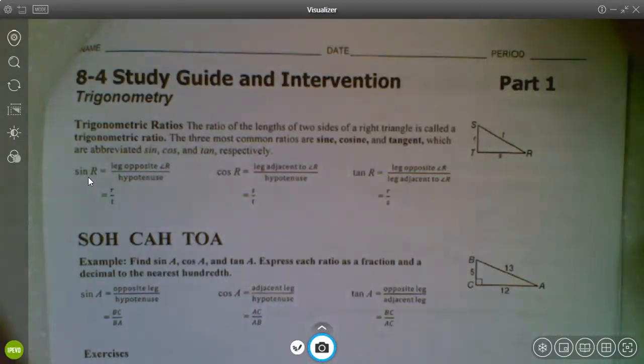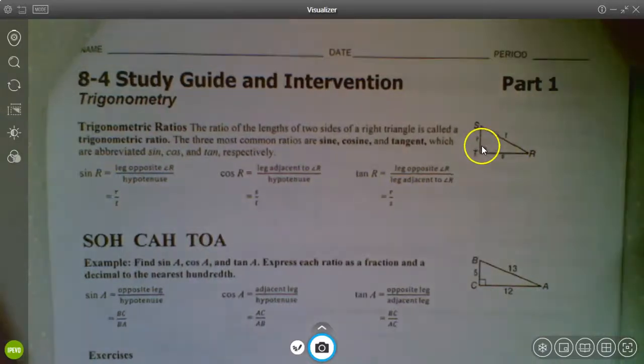So for the sine ratio, what you are comparing would be the opposite leg and the hypotenuse. So if you go back to this triangle here, angle T is our right angle. So we have two legs. R and S are the two legs. We can see that T is the hypotenuse.